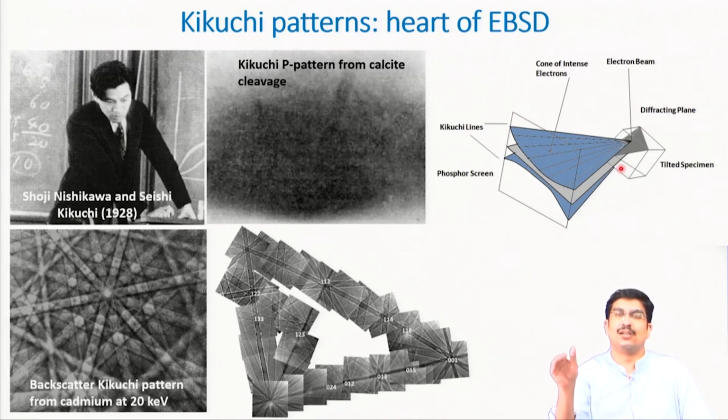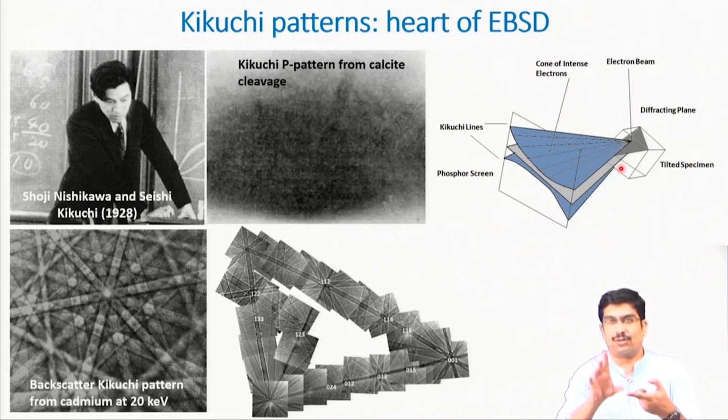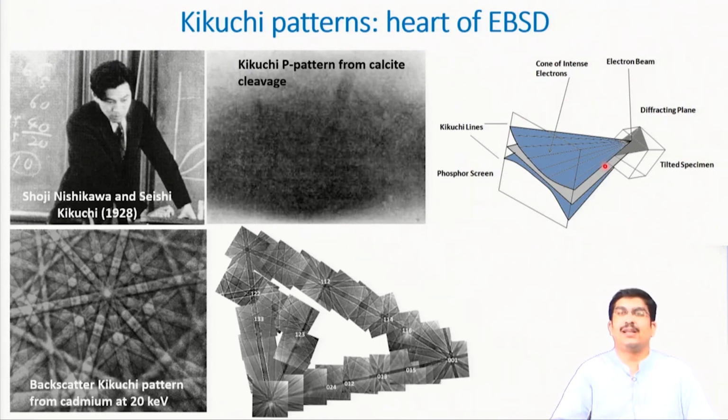All other signals give you imaging or chemical analysis, but for diffraction-related experiments you can only use backscattered electrons. These backscattered electrons are generated from deep within the specimen, and when they come out, they are used as a source and get diffracted by crystallographic planes. Then, when this diffracted beam comes out, it forms something called Kossel cones.